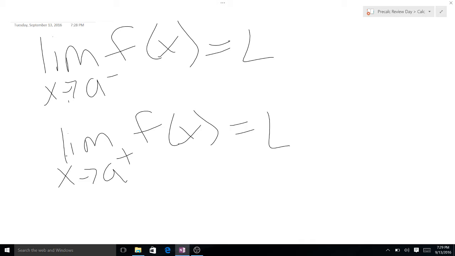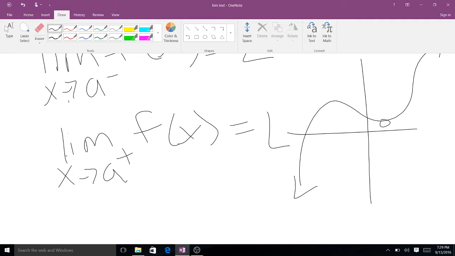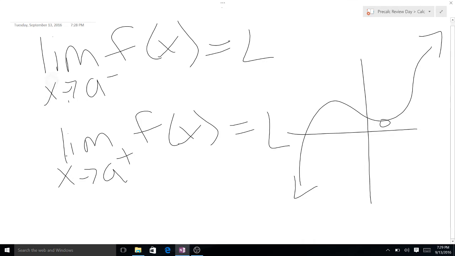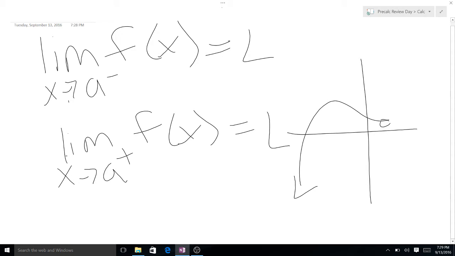Which means if I had a graph, here's my graph. I'm going to put an open circle right there, and a closed circle like that.